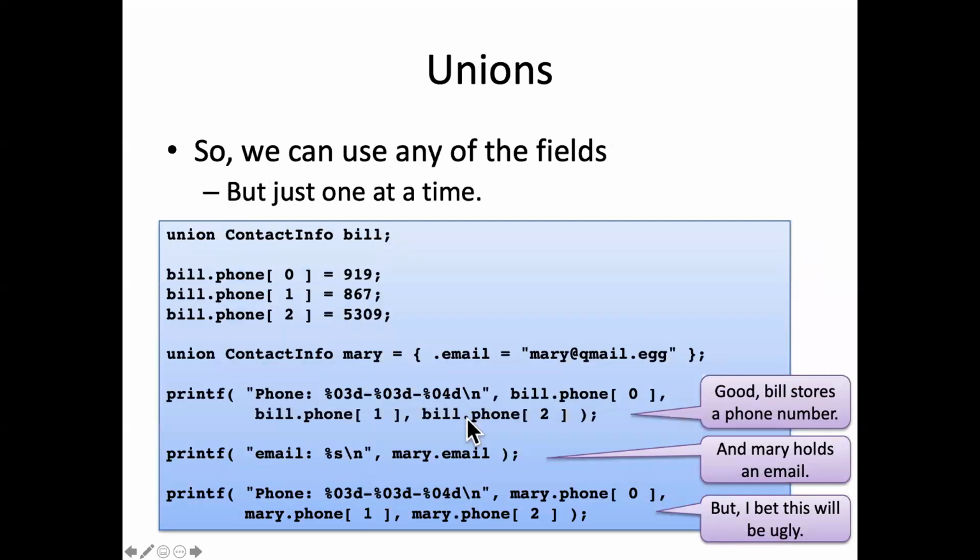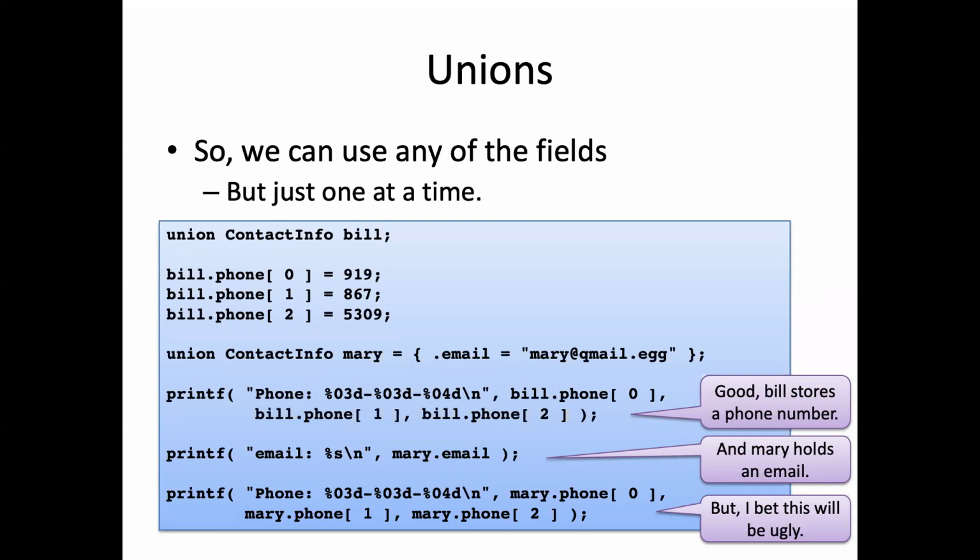It's up to you, the programmer, to keep up with which field of a union you're using. So you can think of a union as a way of defining a data structure where instead of having enough room to store every one of its fields, you only need one of its fields at a time. And like I said, it's up to you, the programmer, to keep up with which one you're using.